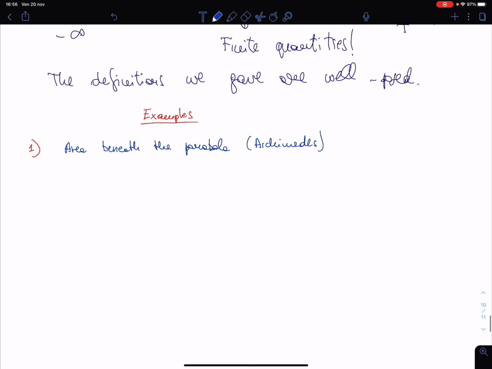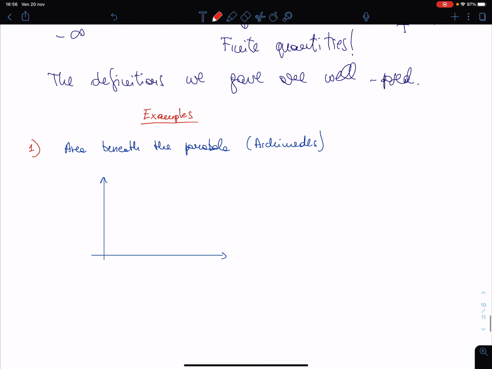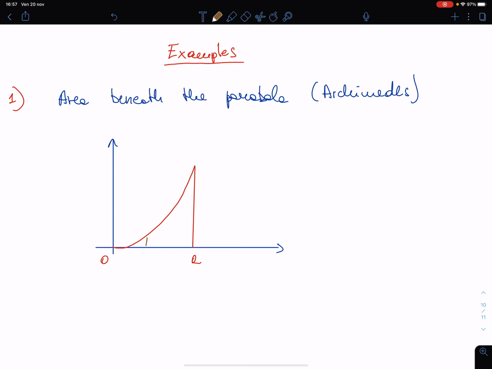And the problem is the following: just compute this area, the area lying beneath the arc of parabola between 0, the origin, and the point of coordinate a.